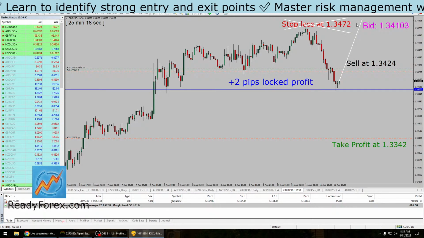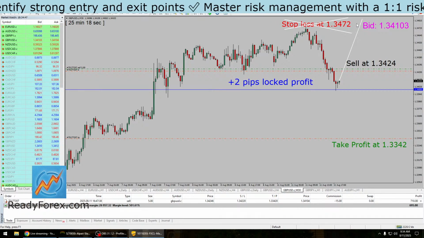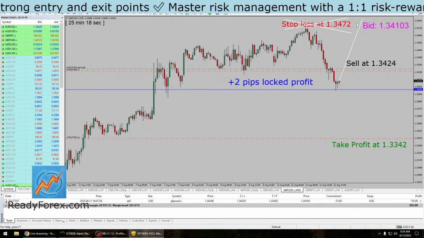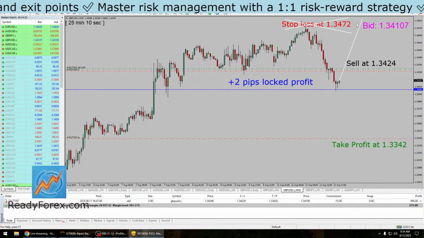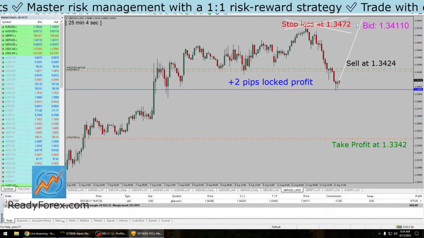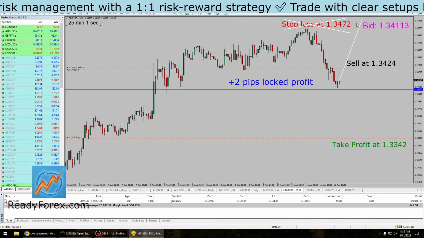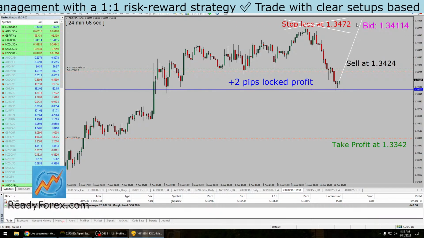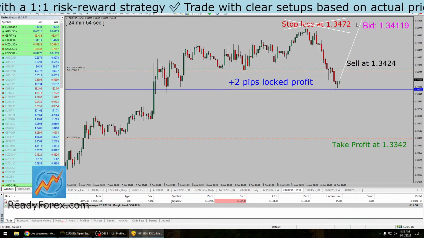So the GBPUSD currency pair, the sell trade update is price action falling down, and a good idea is to lower down the stop loss.